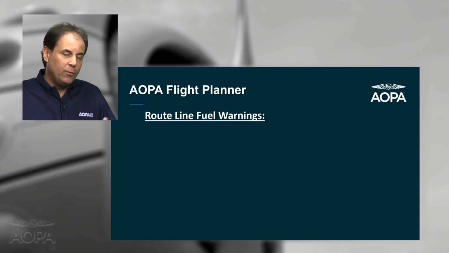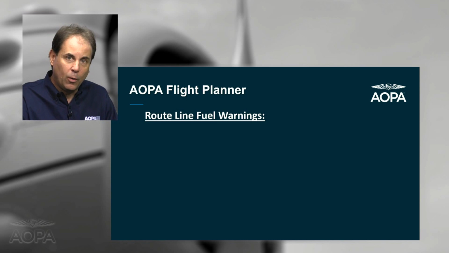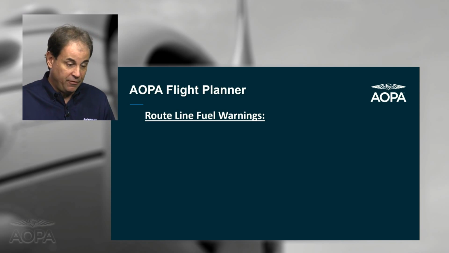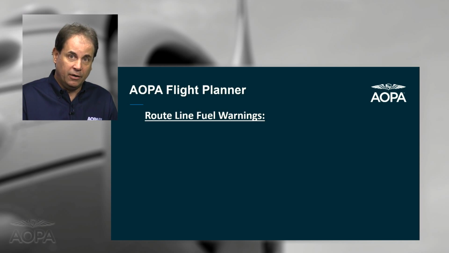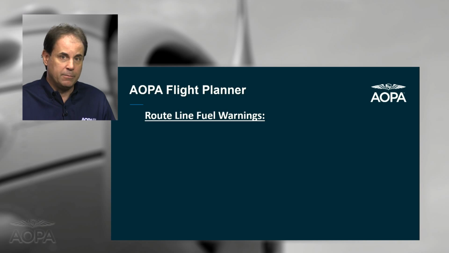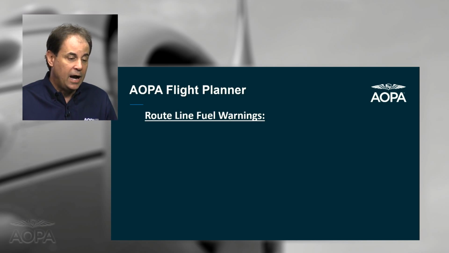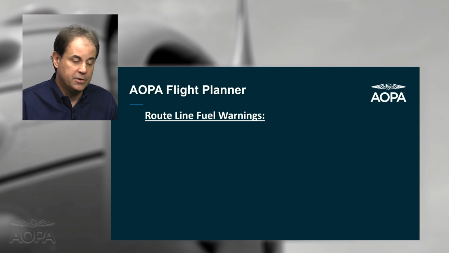So when we originally wanted to build this tool, you could add and set a fuel stop in your route, but as we dug into that, we found out very quickly that the intermediate stop feature was the hardest part to do. So we figured rather than wait and hold all of this for a year until we could develop it, let's go ahead and release the route line fuel warnings, because by itself it's extremely helpful. And then we'll add the intermediate stop feature later. So that's where we're at.